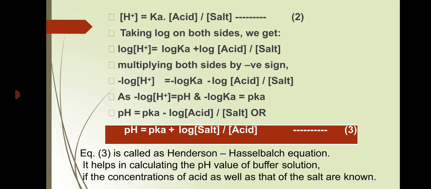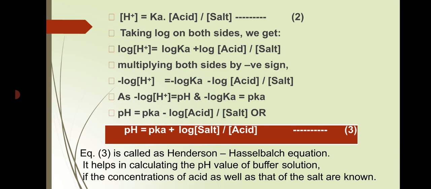Concentration of H+ ion is equal to Ka into concentration of acid divided by concentration of salt. Taking log on both sides, we get log of concentration of H+ ion is equal to log of Ka plus log of concentration of acid divided by concentration of salt. Multiplying both sides by a negative sign, we get negative log of concentration of H+ ion is equal to negative log of Ka minus log of concentration of acid divided by concentration of salt.